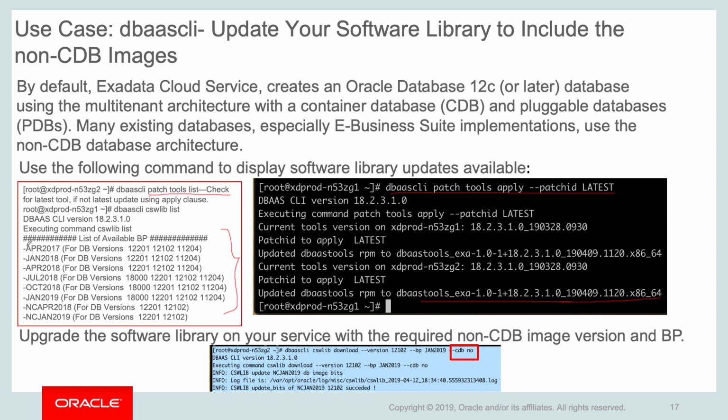From here, whatever options you are getting, you have the ability to download any one of these from the list, and you will be using the CSW lib download with the version and bundle patch -cdb no. This is going to download that image and keep it in your software library. This is what I was referring to with my Debus API command, and in order to execute that use case, you need to download the image which supports a non-container database.